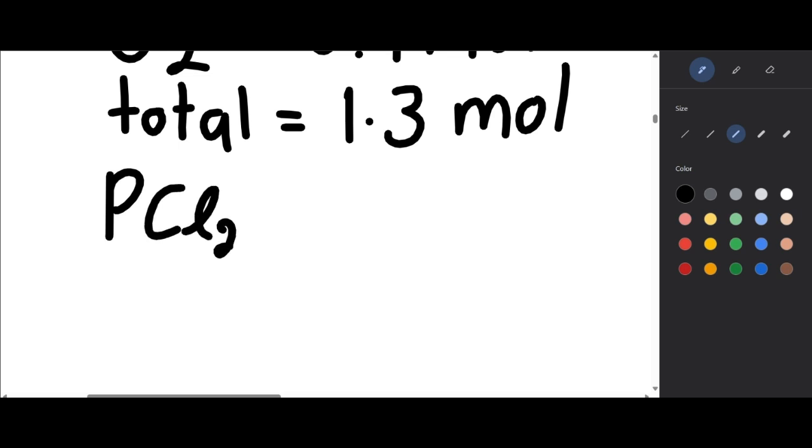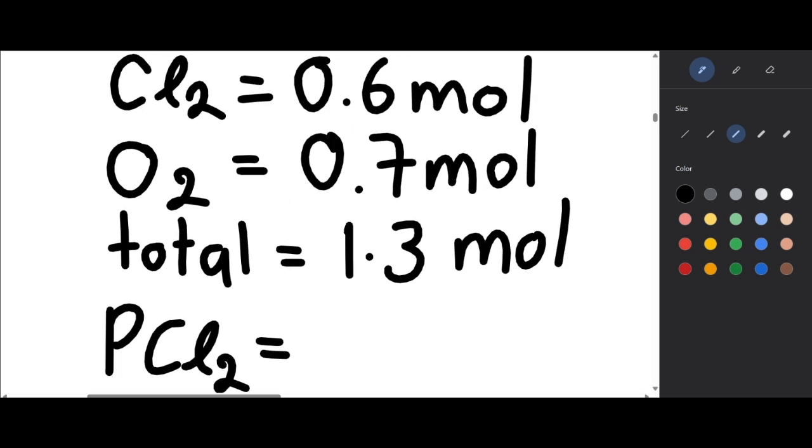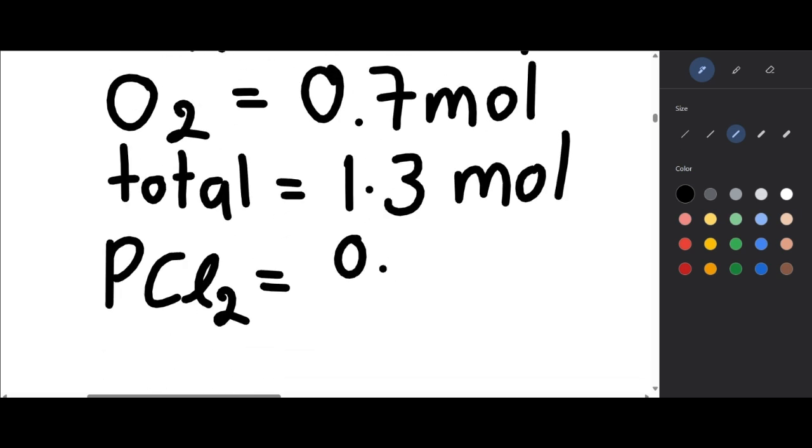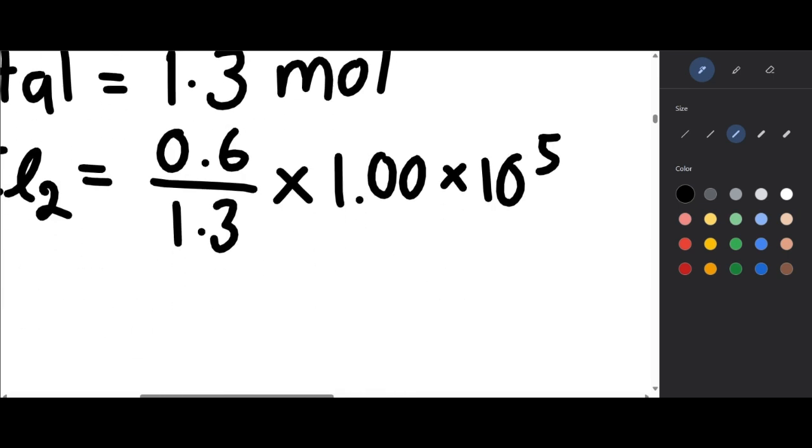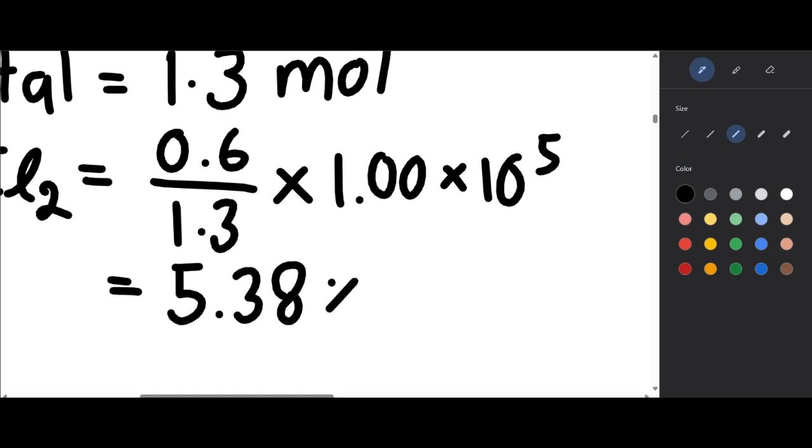So PCl2 is 0.6 per total, which is 1.3, times the total pressure 1.00 times 10 to the power of 5, which is 4.62 times 10 to the power of 4.